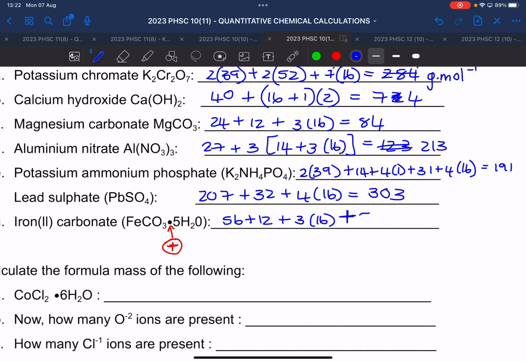Plus 5 times, and water's molar mass is 18, by the way. 2 plus 16. Gives you what, Holly?